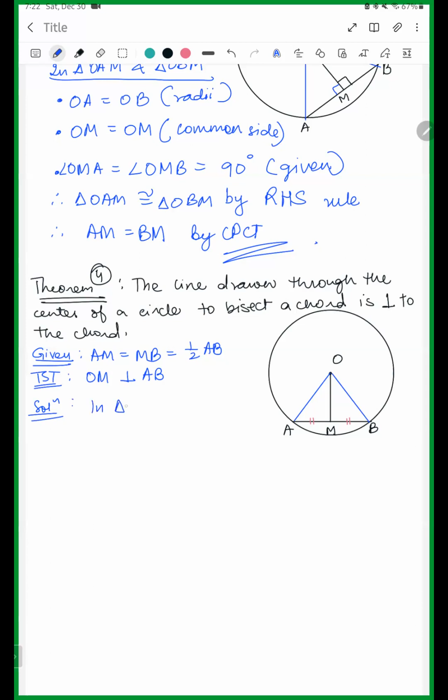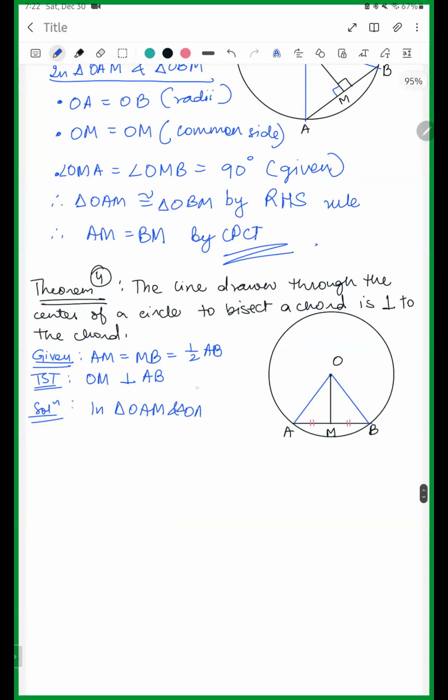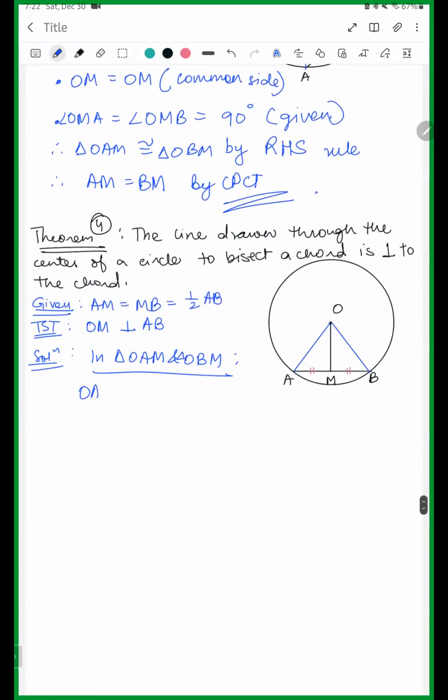In triangle OAM and triangle OBM. OA is equal to OB, reason: radii of the same circle. OM is equal to OM, reason: common side. AM is equal to BM, given.